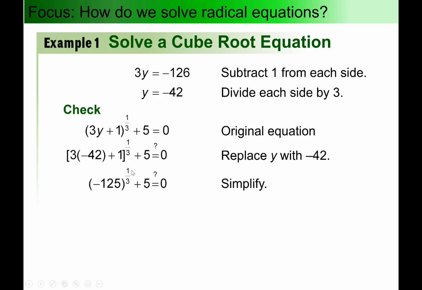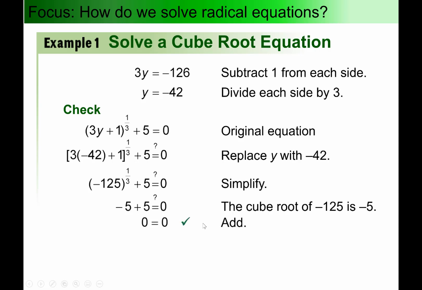Now I'm going to take the third root of negative 125 and then see if, when we add 5 to it, it gives us 0. Well, we saw that negative 5 to the third power is negative 125, so the cube root of negative 125 is negative 5. So this solution checks. So our solution is y equals negative 42.